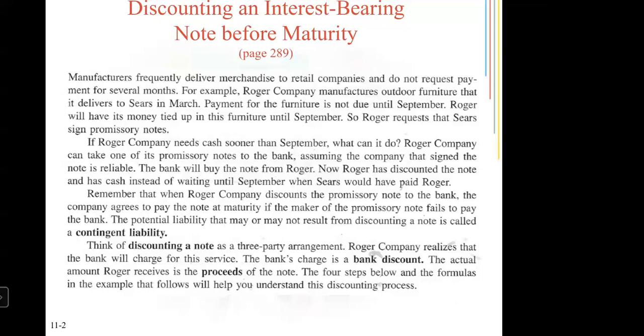On page 289, you will see an explanation, as shown on your screen, of what companies sometimes do if they have a note from another company. One company owes another company, and sometimes they cannot wait until the due date for the note to mature, so they can take the note to a bank and cash it in.